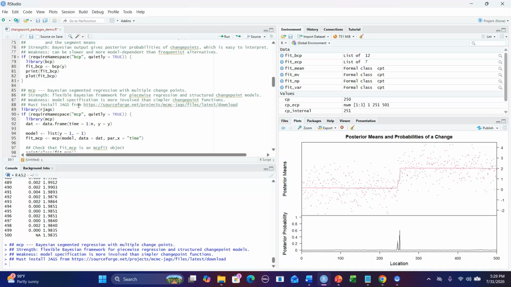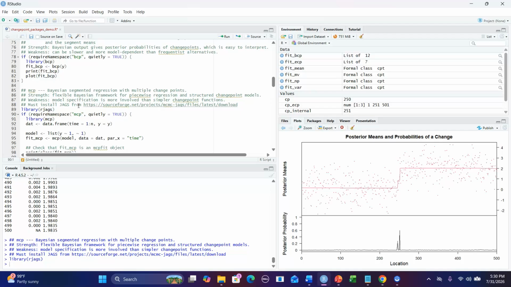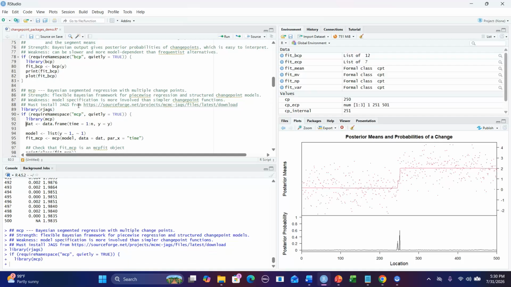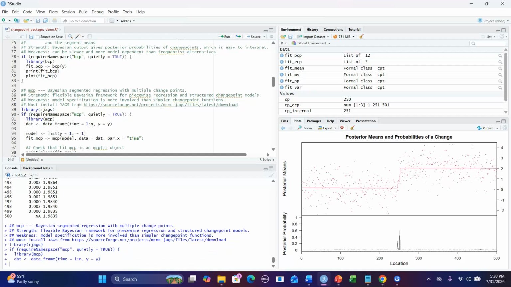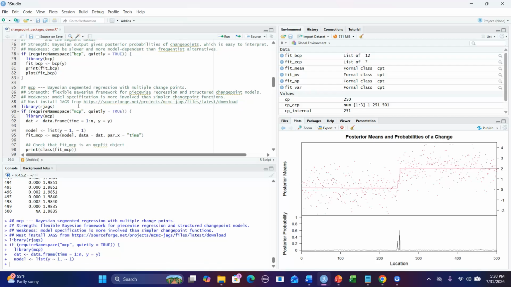In order to use this, you have to install JAGS, which is just another Gibbs sampler. I provided the URL there. You have to download JAGS from there, and then you can load rjags, and then load in mcp. You have to put the data into a data frame, and you specify a model with a list of y tilde 1 and then tilde 1.